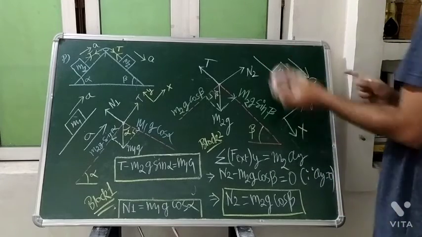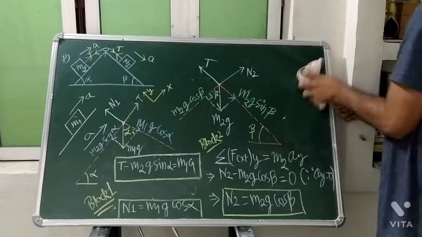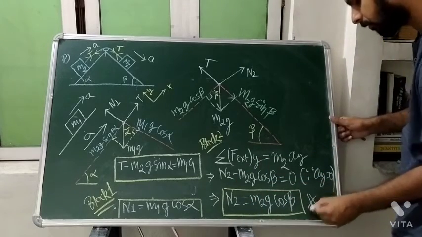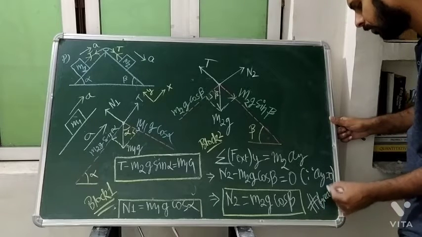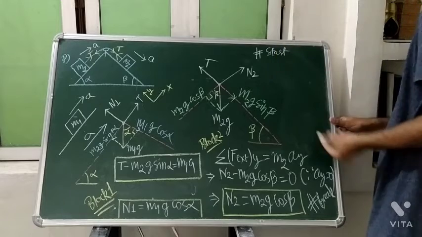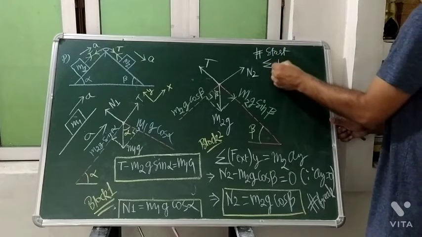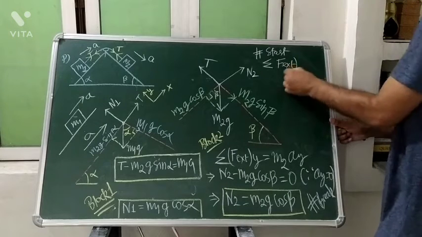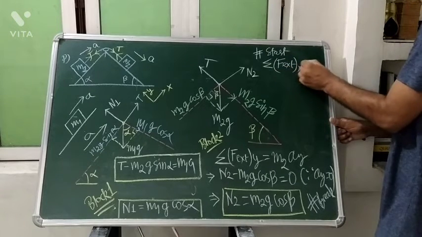I am removing this. I think you guys have got this idea. In the same way, I am breaking here and starting here, that our vector sum of the external forces in x direction should be what, student?